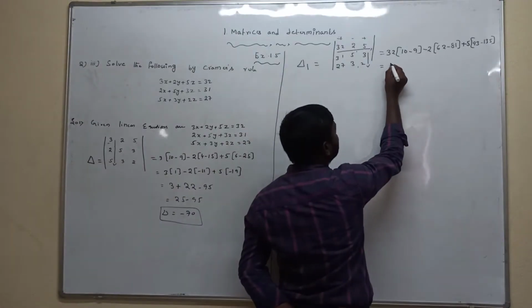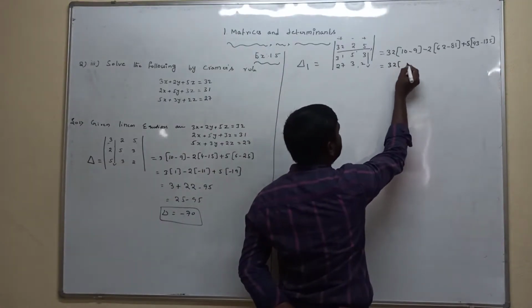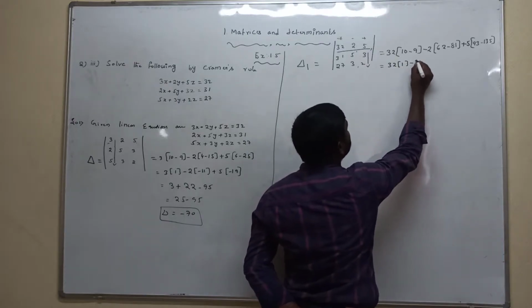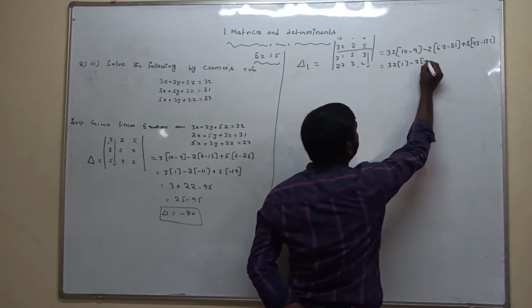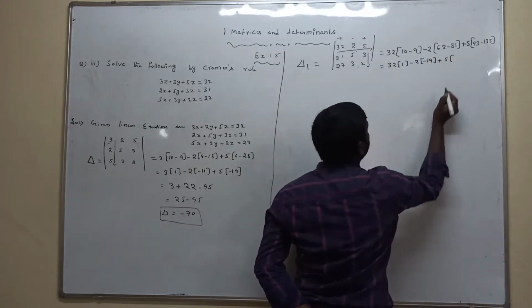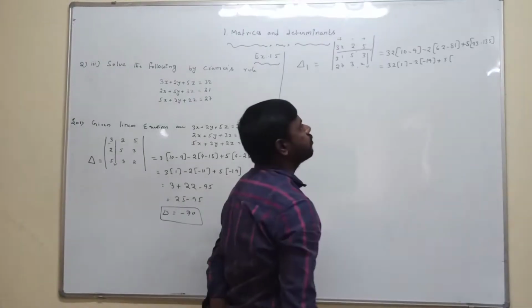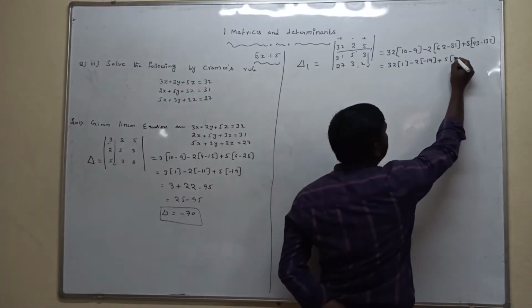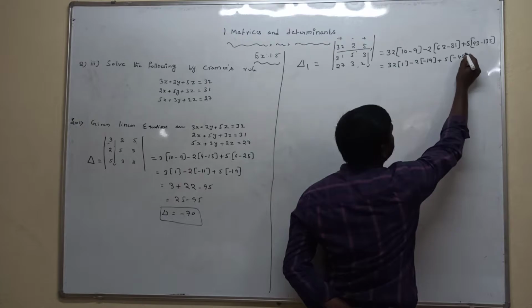Simplify this one. 32 into 10 minus 9, that value is 1, minus 2 into 62 minus 81, that value is minus 19, plus 5 into 93 minus 135, that value is minus 42.